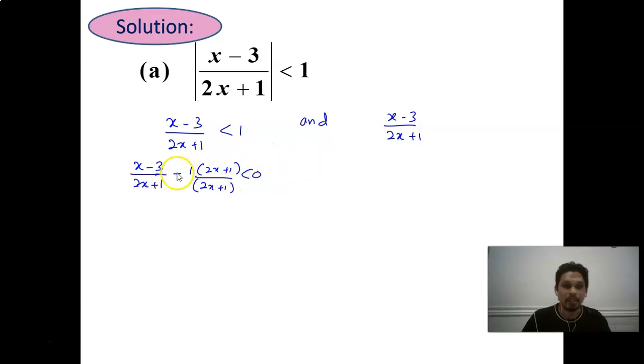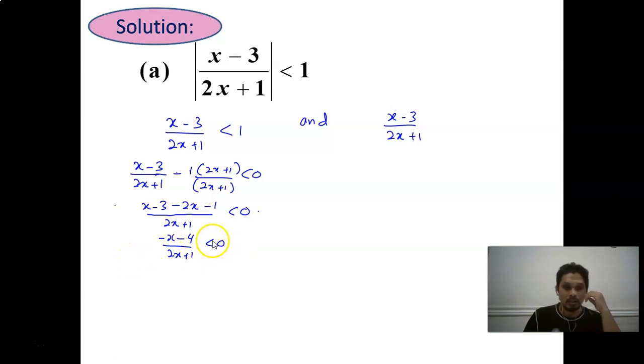So now, negative 1 times 2x, x minus 3, negative 1 times 2x minus 2x, negative 1 times 1 minus 1, divided by 2x plus 1 less than 0. x minus 2x, negative x, negative 3 minus 1, negative 4, over 2x plus 1 less than 0.